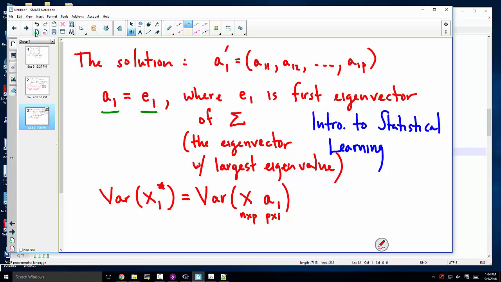So we're going to have an n by 1 vector, one number per individual. Each one of those numbers is the appropriate linear combination of that person's variables. And it turns out when you pick your linear combination from the eigenvector, the variance of the new variable, x1 star, equals lambda. That's the eigenvalue.